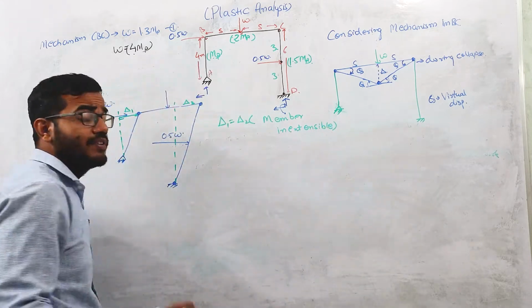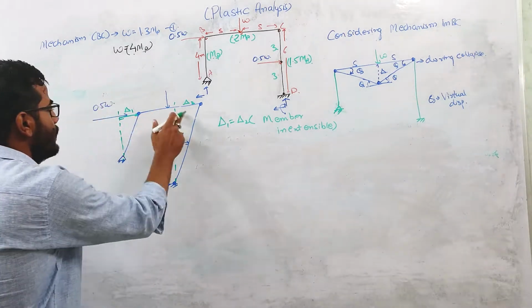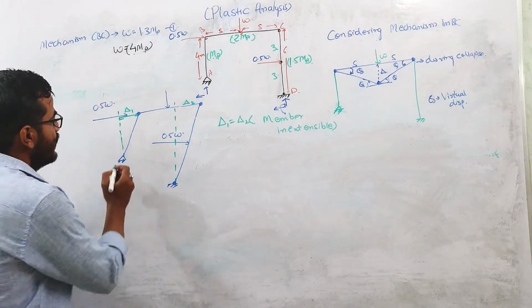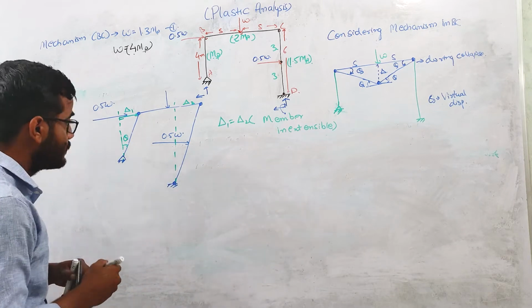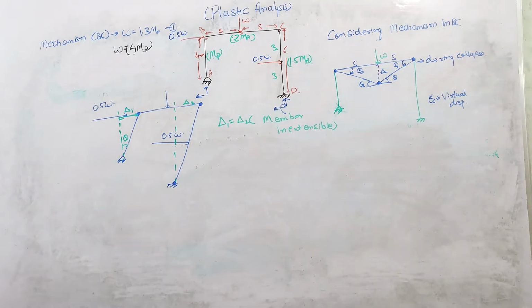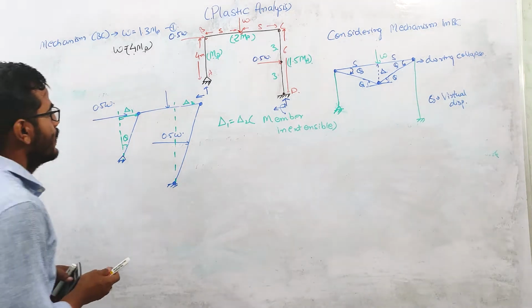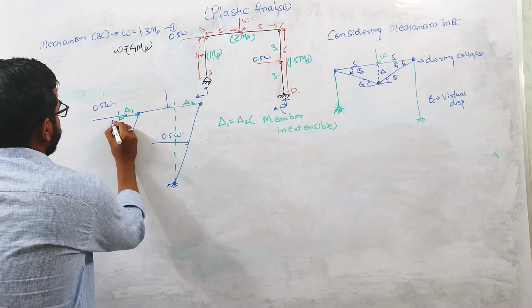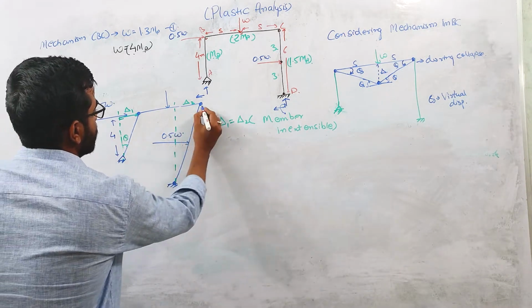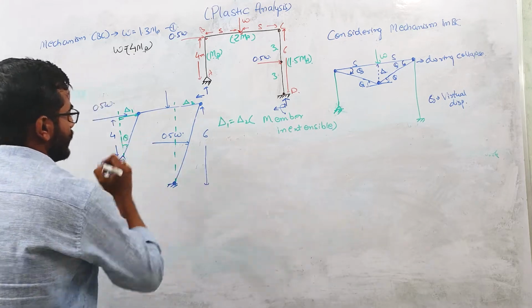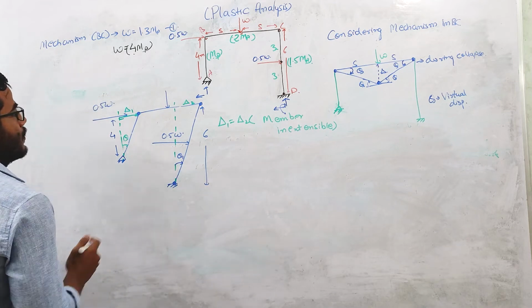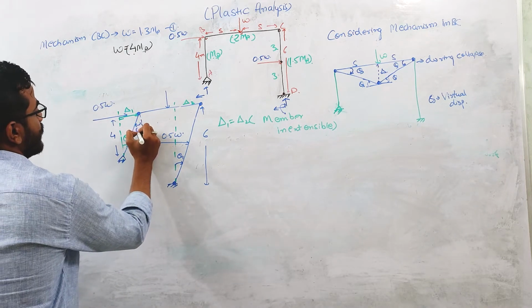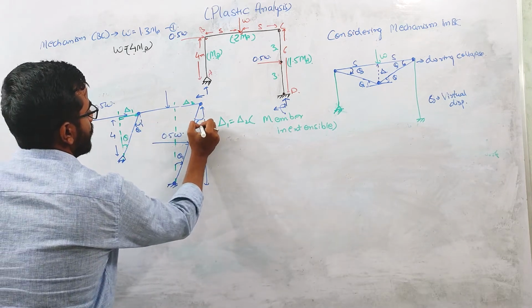Let us suppose this rotation is theta. This distance is 4 and this distance is 6, and let us suppose this rotation is theta 1.